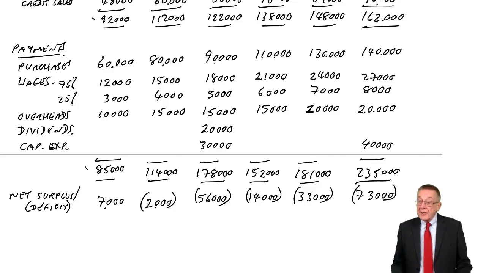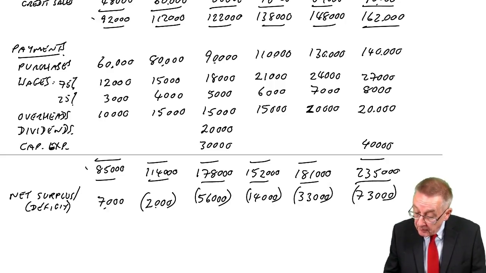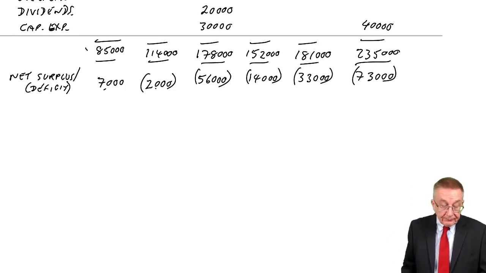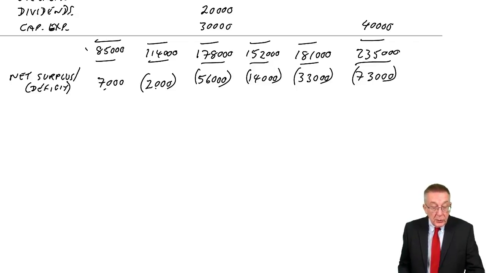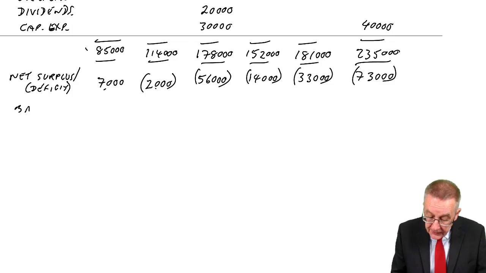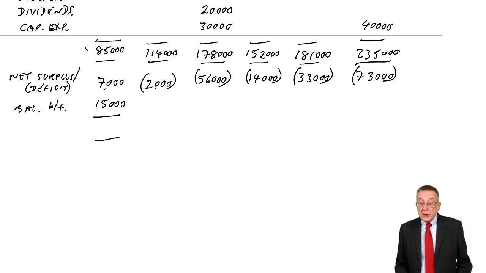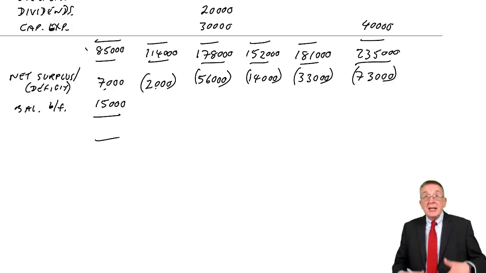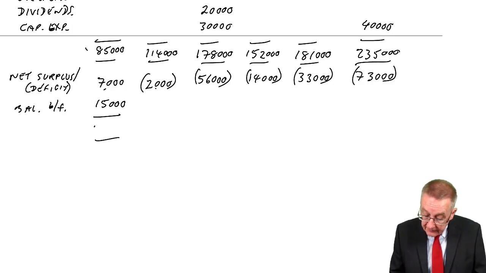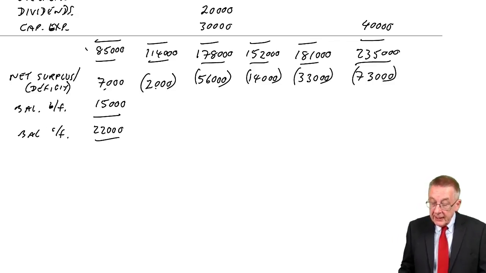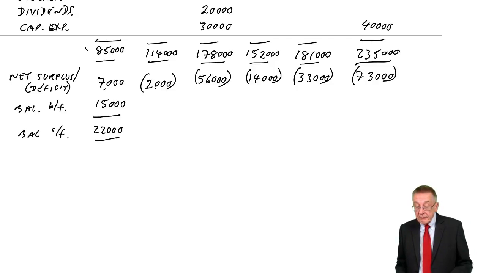We need, though, to forecast what the bank balance, the cash balance, will be each month. It does tell us in note G that the opening balance is 15, so the balance brought forward is 15, and therefore at the end of January, we had 15, there's a surplus of 7, and so the balance carried forward at the end of January will be 22.